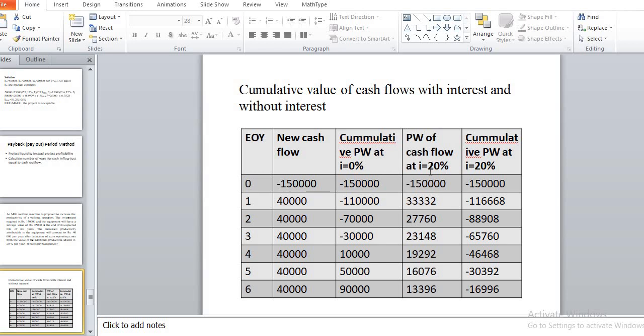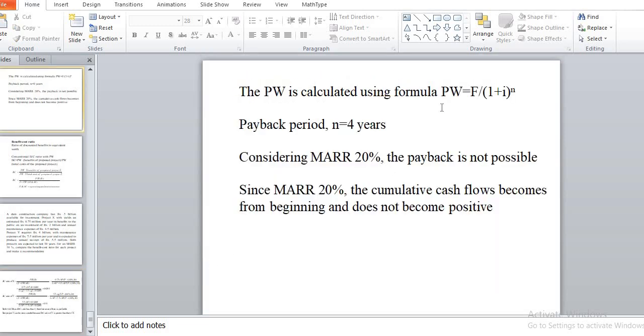But if you consider the interest rate, as given in the numerical, 20%, then the present worth changes. To calculate present worth at a particular interest rate I, we use this formula: present worth is equal to F divided by (1 plus I) raised to n.